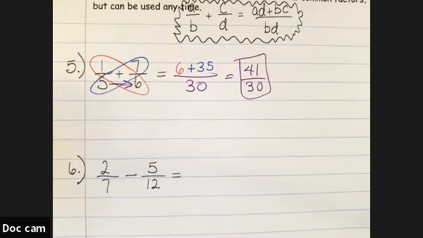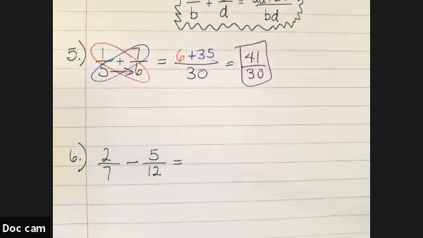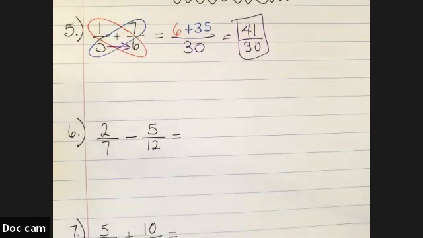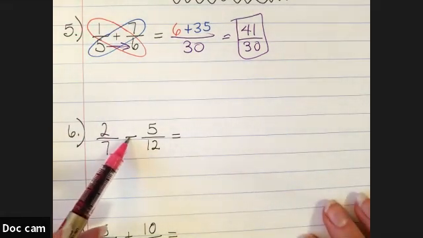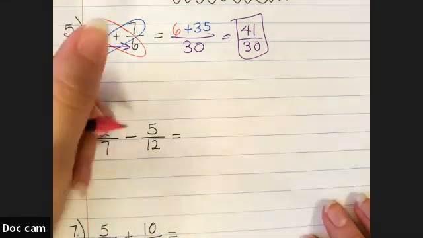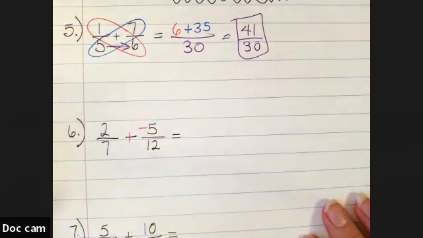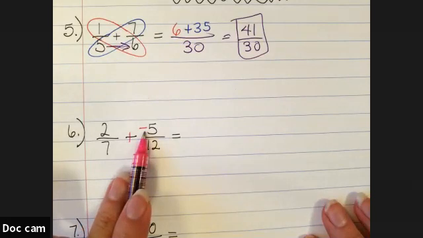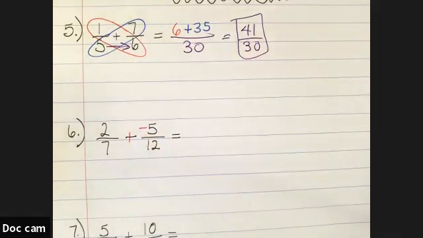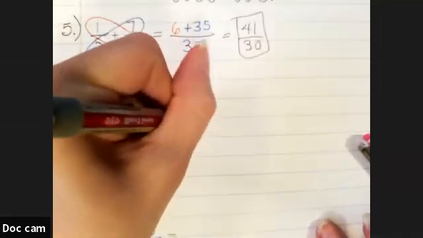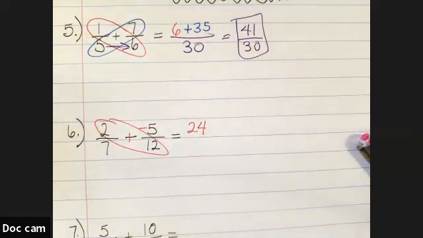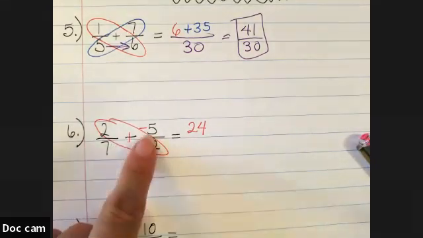Okay, here's another example. Negatives always are like a source of problems for people, right? So if you have a subtraction like this, a lot of people like to do it this way and make that a plus and then put the negative here with the 5. I think that kind of makes it easier. And so then let's do the bow tie. So 2 times 12 is 24. And I could say plus, but that's going to be a negative.